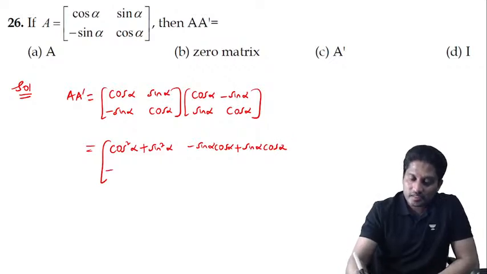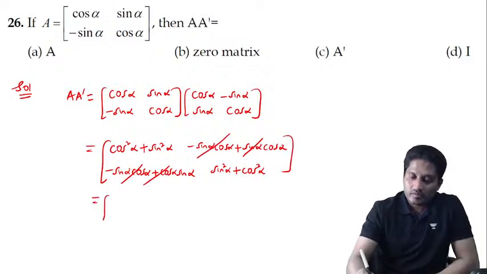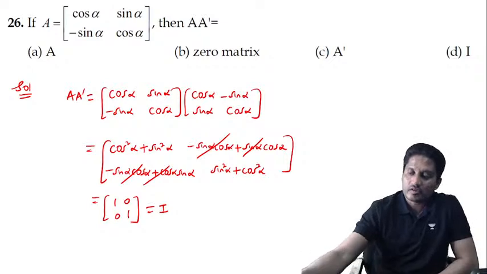And then minus sin alpha cos alpha plus cos alpha into sin alpha. And then this is sin square alpha plus cos square alpha. It will cancel. You will get 1, 0, 0, 1, which is equal to identity. Answer is option D.